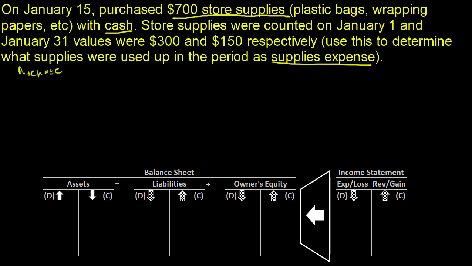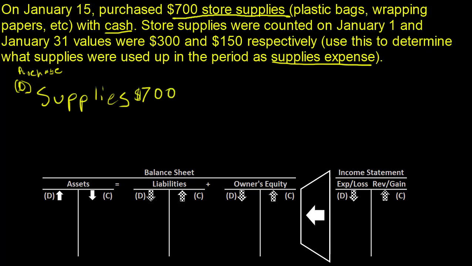The purchase of the store supply inventory that you have. So we're going to call it store supplies, and we're going to make it a debit. We're increasing it. This is something we can touch. We can touch papers, bags, wrapping stuff. So it's a debit of supplies, and that debit of supplies is going to be for $700.